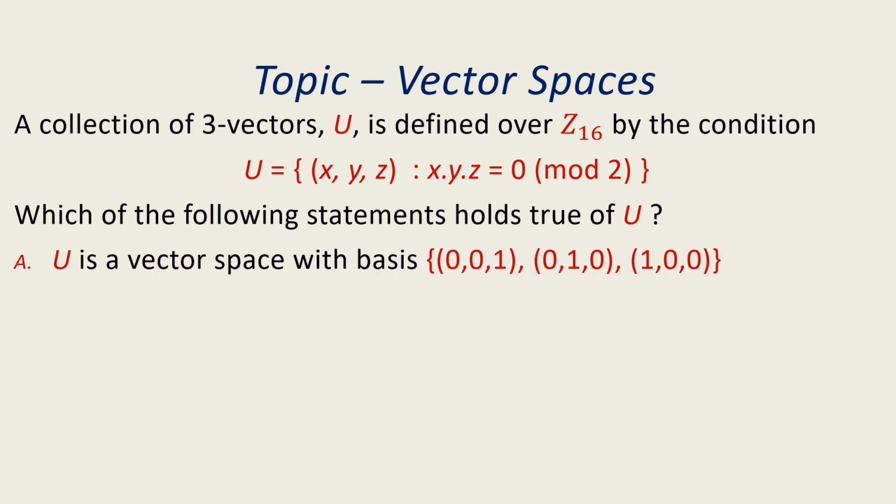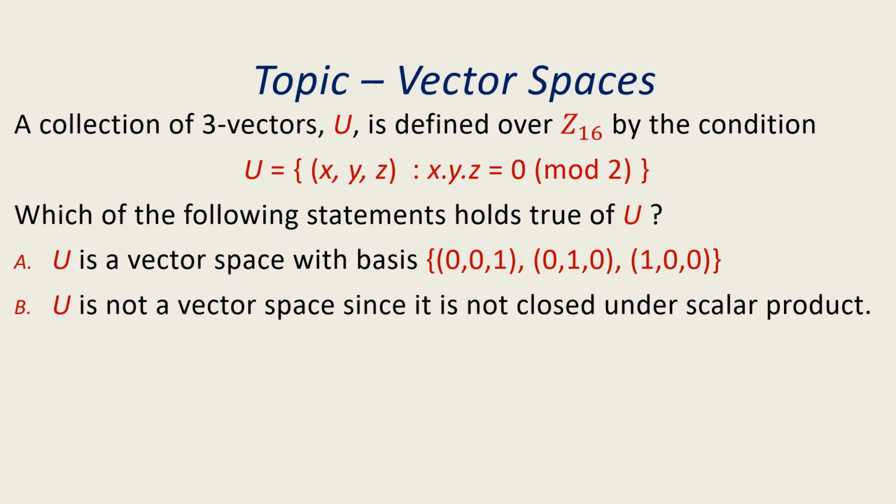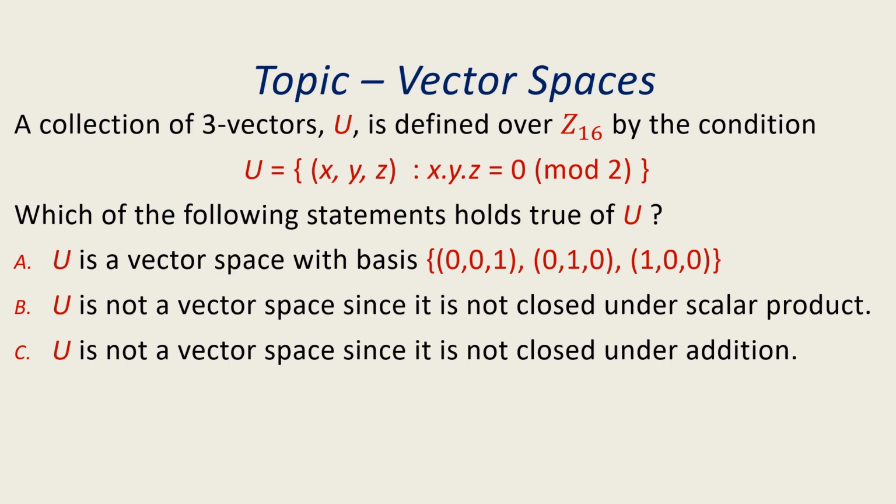Is it a vector space with that basis? Is it not a vector space because it fails to be closed under scalar multiplication? Or is it not a vector space because it fails to be closed under addition? Is this particular vector a member satisfying that property? Or is that particular vector 2a3 not a member of the collection?